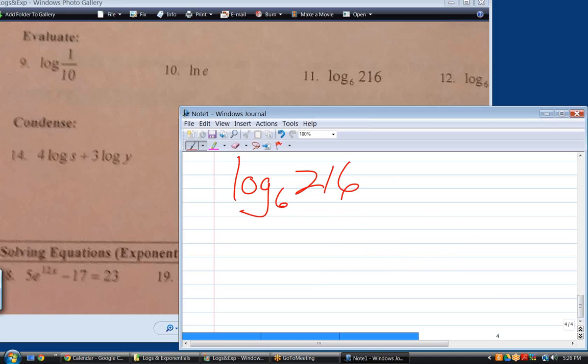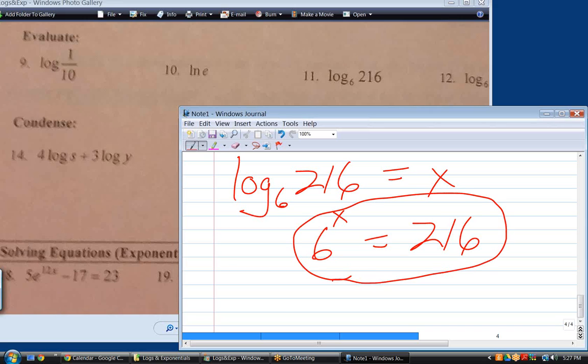You would set it equal to x, so exponentially it'd be 6 to the x power equals 216. Okay, you're getting faster. That's good. What is x here? Take a guess. It's a small integer. In other words, it's never going to be something like 3.1. Otherwise, you wouldn't be able to do it. If x was anything but a small whole number, I would need a calculator to do it.